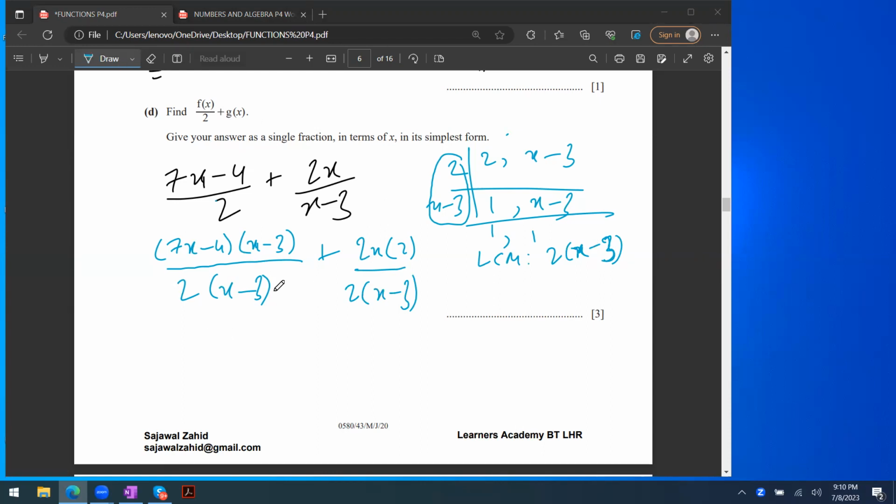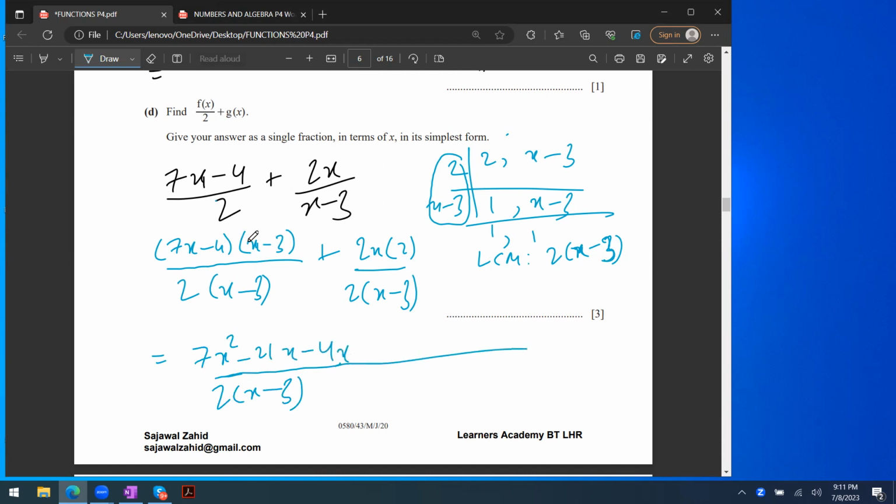Then when the denominators are the same, you can add the numerators and write the denominator one time. 7x squared minus 21x minus 4x, minus into minus plus 12 plus 4x. Oh, this was 4x, not 4x squared. So now you have 7x squared; the minus 4 plus 4 cancels, so minus 21x plus 12 over 2 into x minus 3.